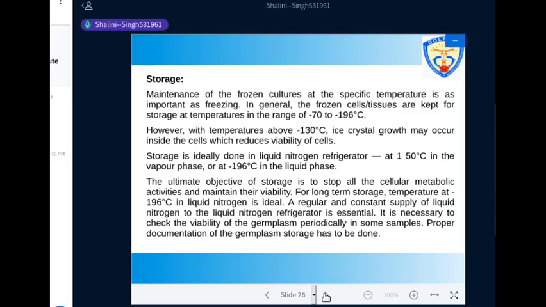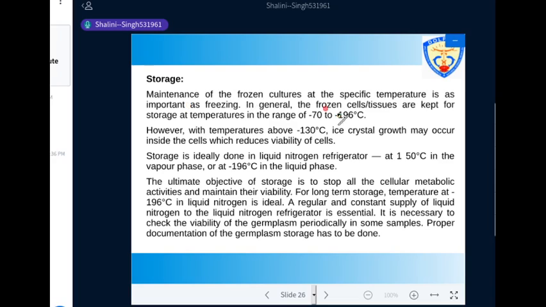Next step is storage. Maintenance of the frozen cultures at the specific temperature is as important as freezing. In general, the frozen cells or tissues are kept for storage at temperatures in the range of -70 to -196 degrees centigrade.